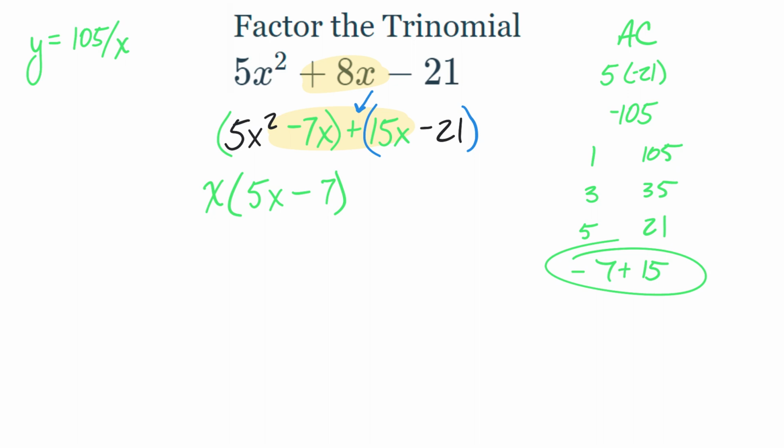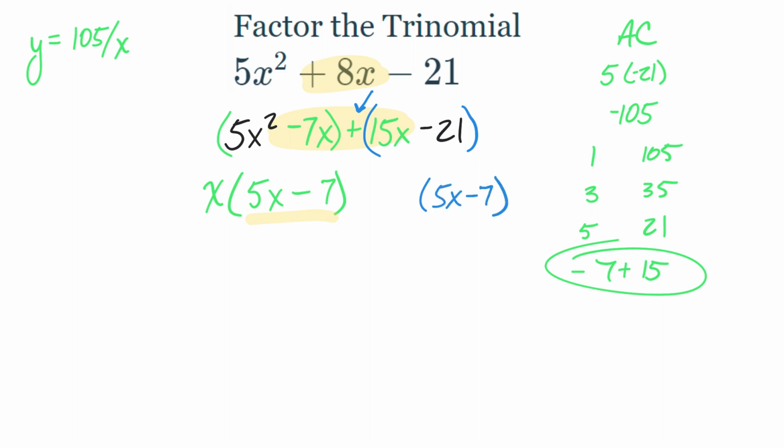Again, I love to use this term right here as my little cheat sheet. Remember, I'm the one that chose 15 and negative 7. I chose them because they actually work. So, having said that, if I chose wisely, then this second parentheses should match the other one.